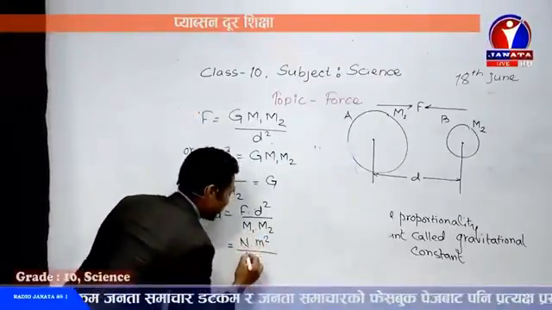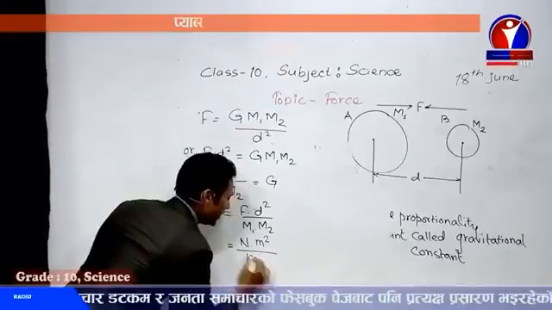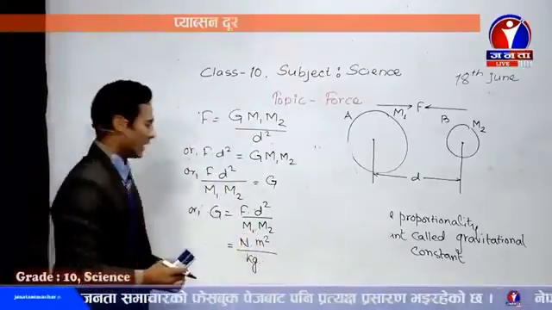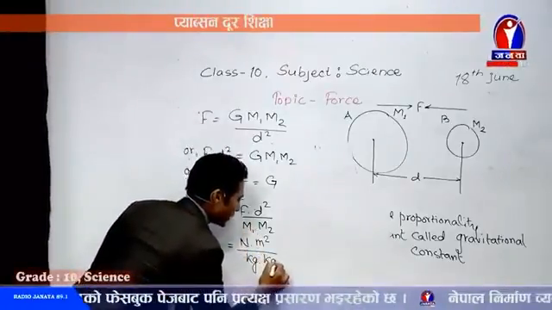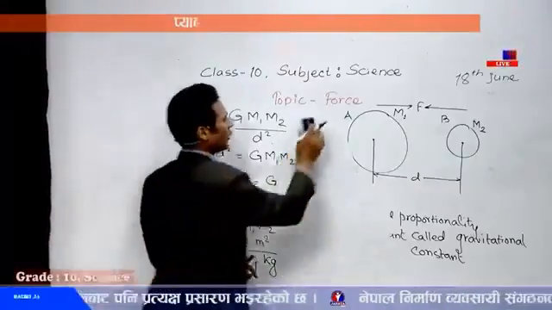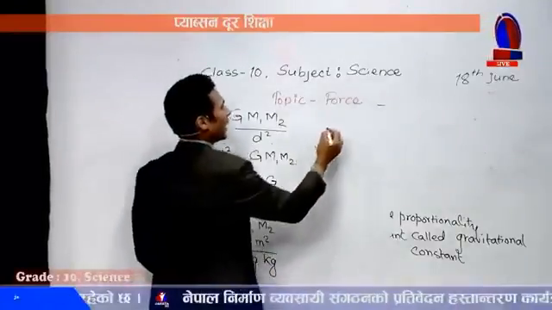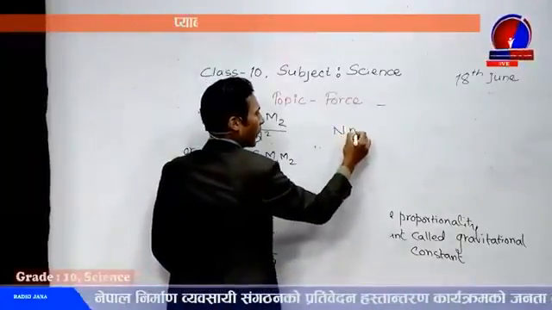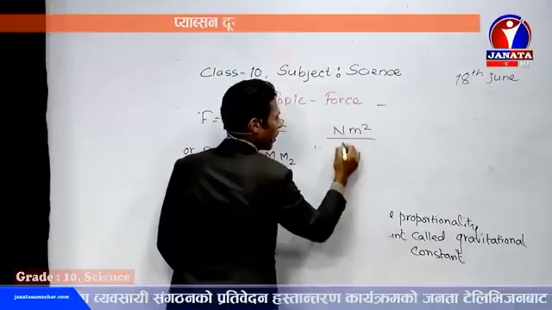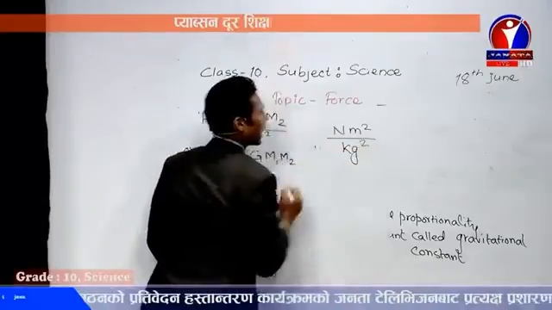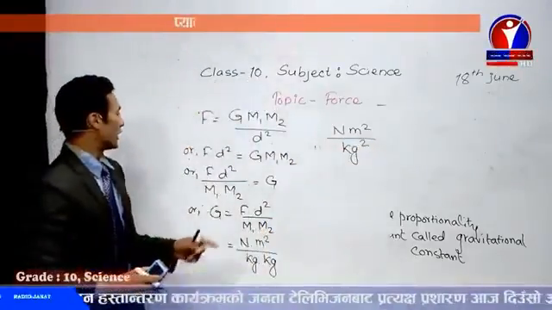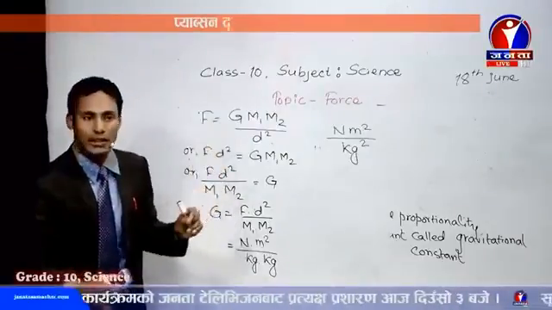And the unit of mass is kg, and another mass is left there, that is kg. So we can conclude the unit of this gravitational constant is Newton meter square per kg square.